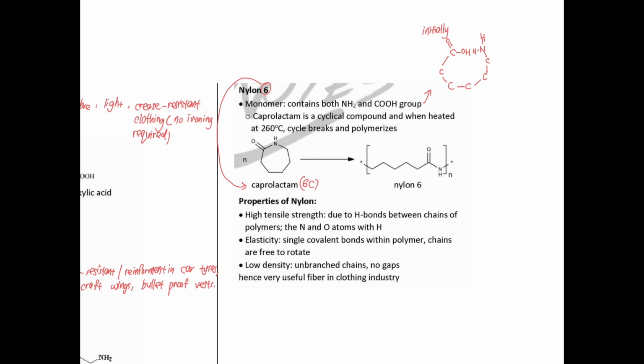So there are 1, 2, 3, 4, 5, 6 carbons. One side is COOH, another side is NH2.